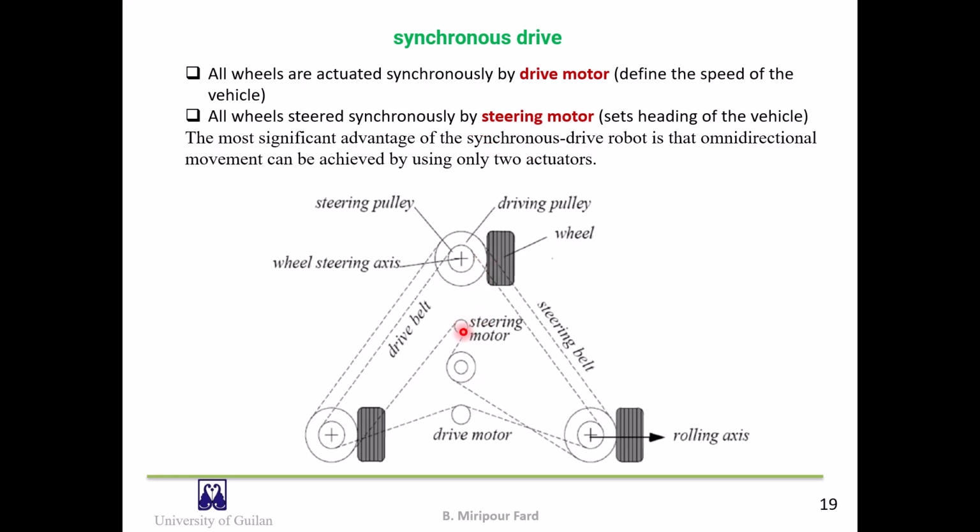Here is the steering motor, and you can see the belt. This steering motor sets the heading of the vehicle. The most significant advantage of a synchronous drive robot is that omnidirectional movement can be achieved by using only two actuators.